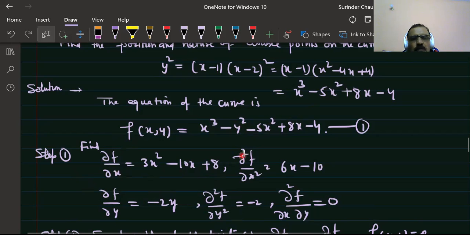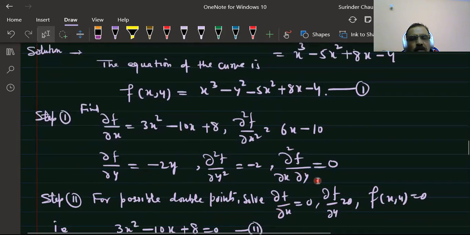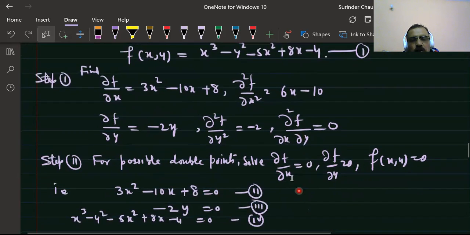Find the partial derivatives: partial f by partial x, partial f by partial y, and the second partial derivatives with respect to x, y, and the mixed derivative. First step, to find the possible points, put partial f by partial x equal to 0 and partial f by partial y equal to 0.